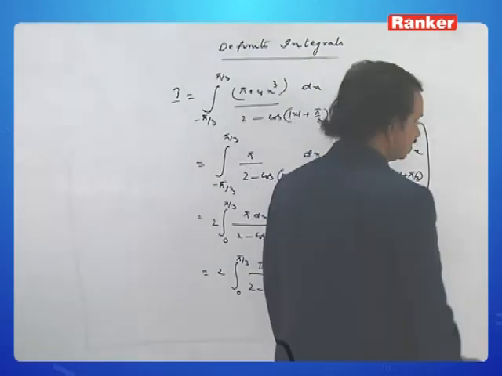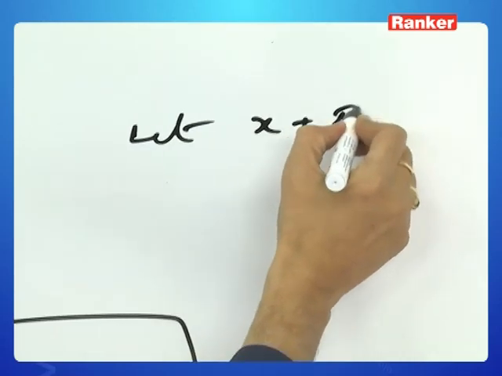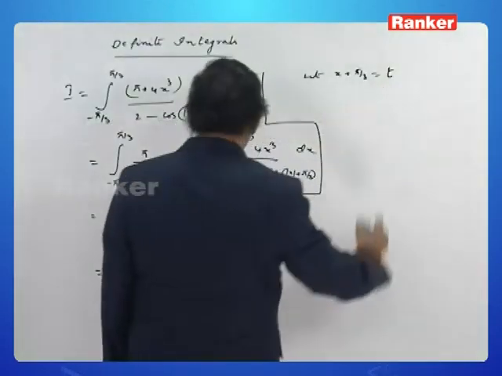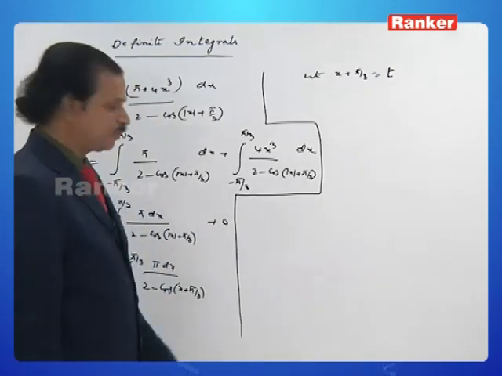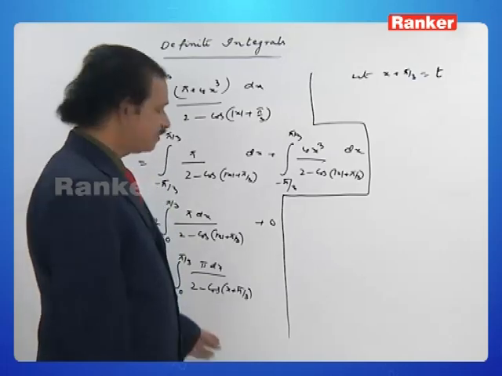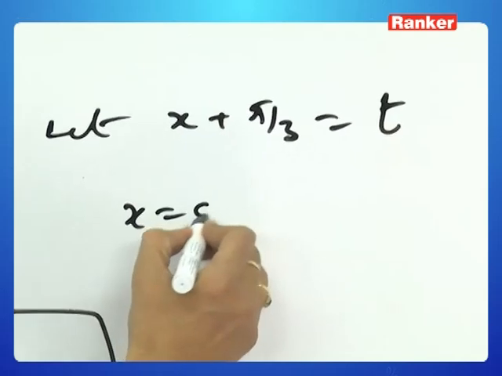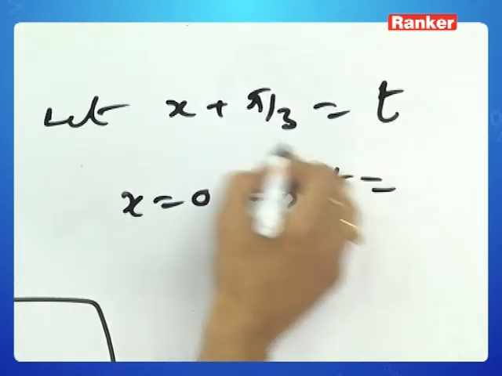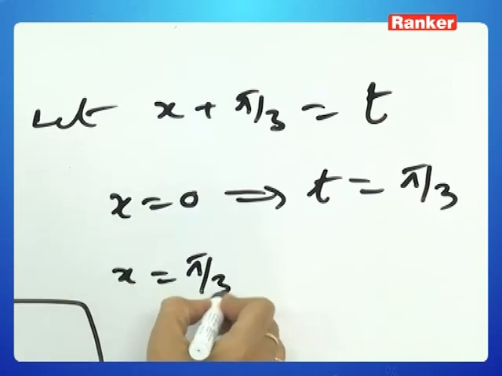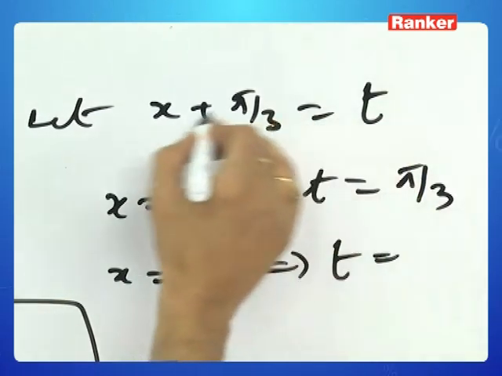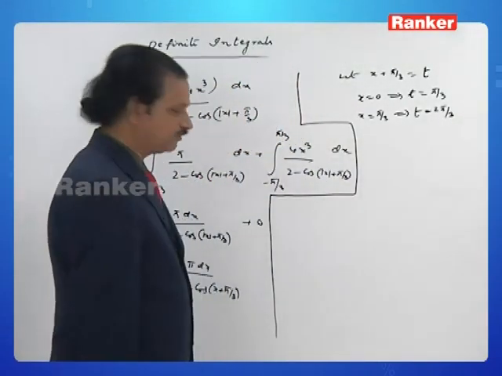Let us now observe this. Let x plus pi by 3 be equal to t. Automatically, we may have to change the previous limits for x also. What are the limits for x? x equal to 0 and x equal to pi by 3, isn't it? x is equal to 0 implies t is equal to 0 plus pi by 3, which is pi by 3, and x is equal to pi by 3 implies t is equal to pi by 3 plus pi by 3, which is 2 pi by 3.